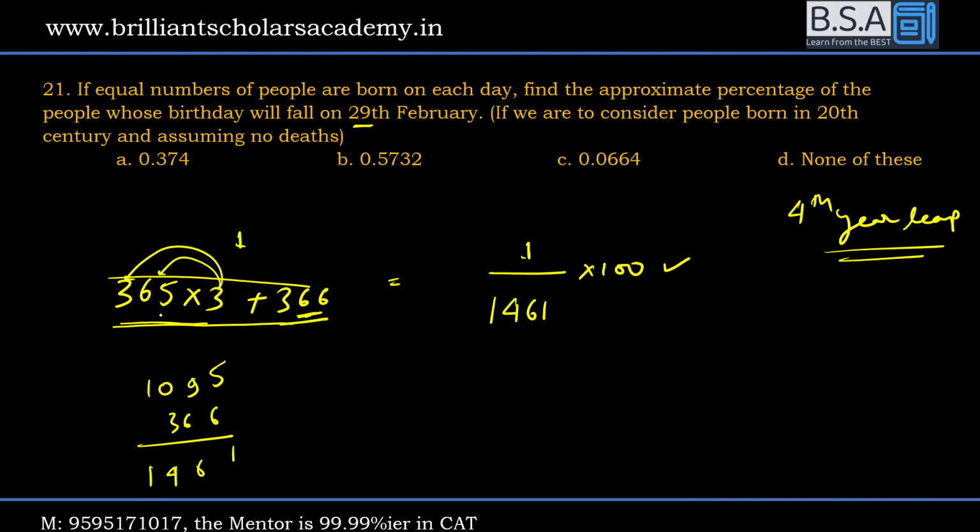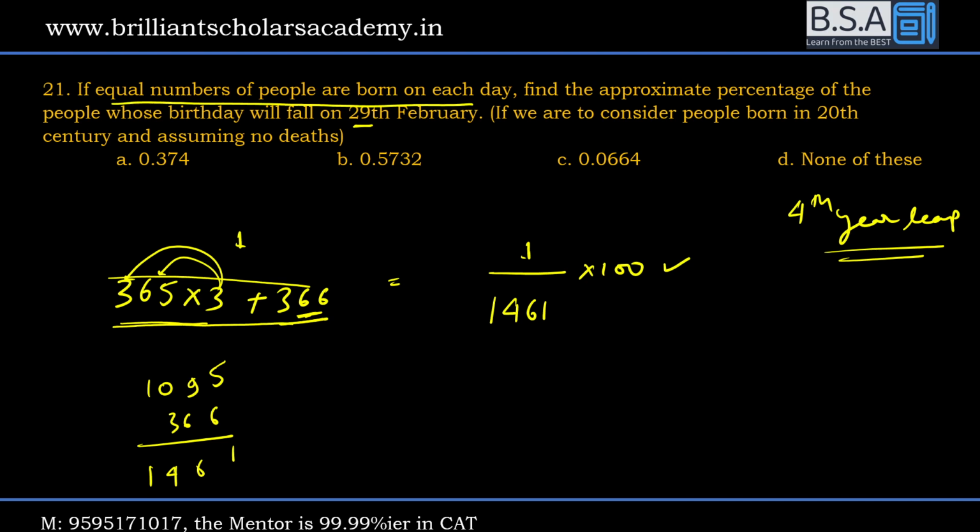See, how many days are there normally? 365. There are 3 non-leap years and then the 4th year is leap. So that is the number of years. The denominator is 4 years and the total number of days. You are assuming there is 1 person born every day because it says an equal number of people are born every day. I'm imagining 1 person. Even if you imagine 2, the answer will not change.